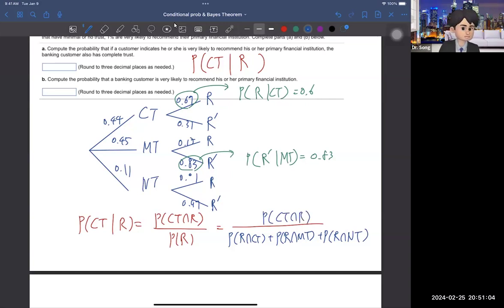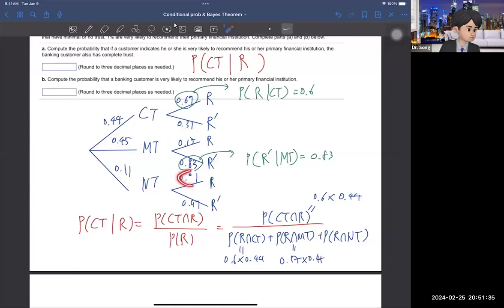And same as before, this one is 0.69 times 0.44. So 0.69 is the probability of R given CT times the probability this complete trust customer is 0.44. Okay. Then the second one is 0.17 here times 0.45.